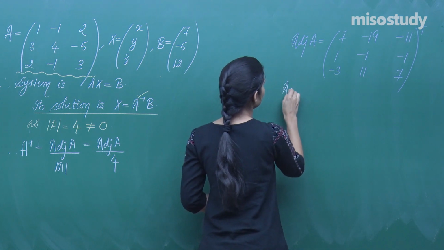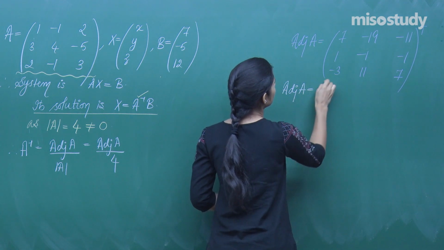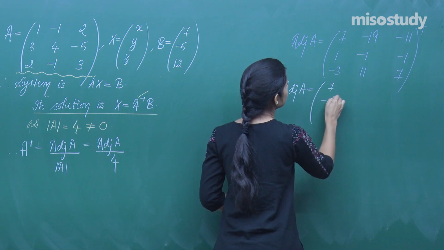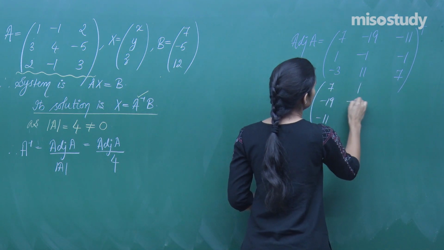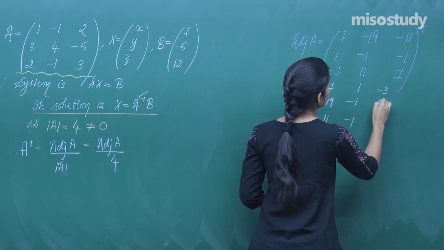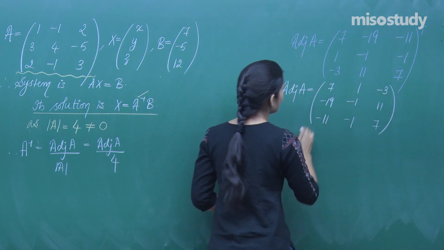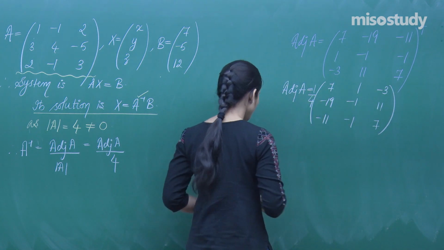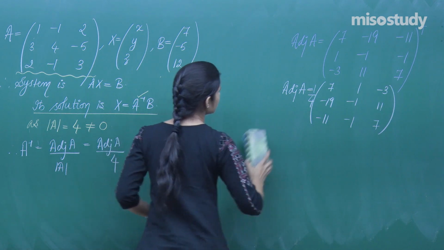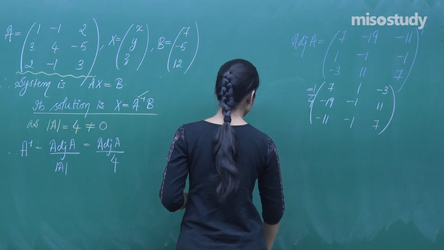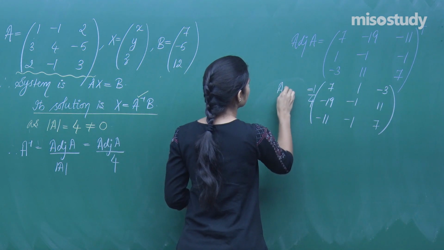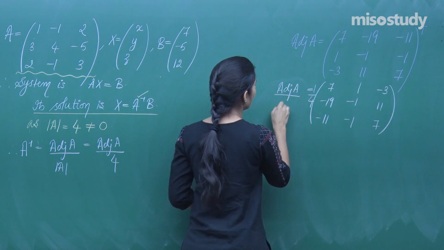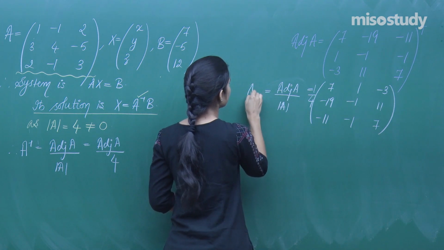And therefore adjoint of A comes out to be 7, minus 19, minus 11; 1, minus 1, minus 1; minus 3, 11, 7. And when you write over here 1 by 4, this actually becomes equal to adjoint of A upon determinant of A, which is A inverse.